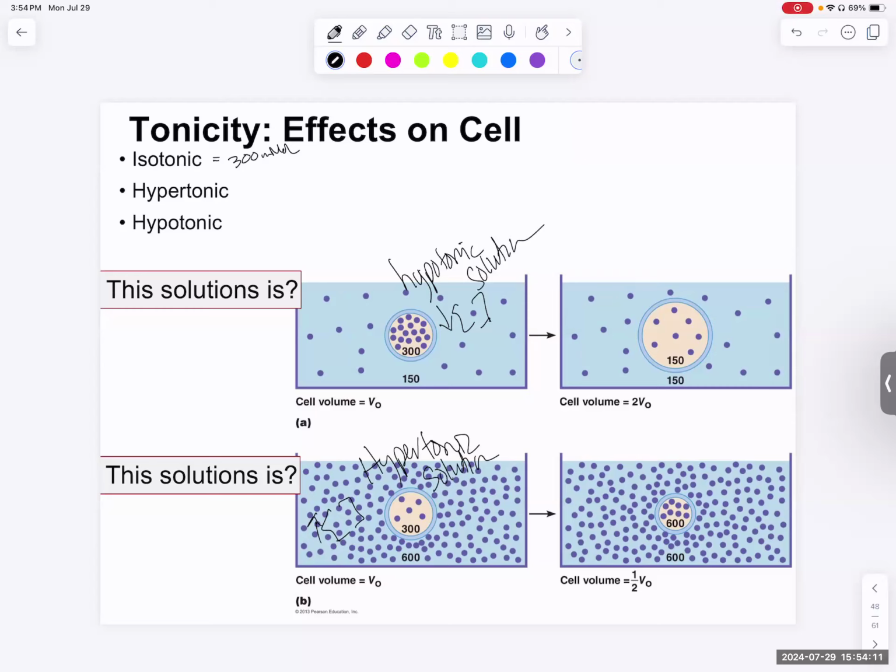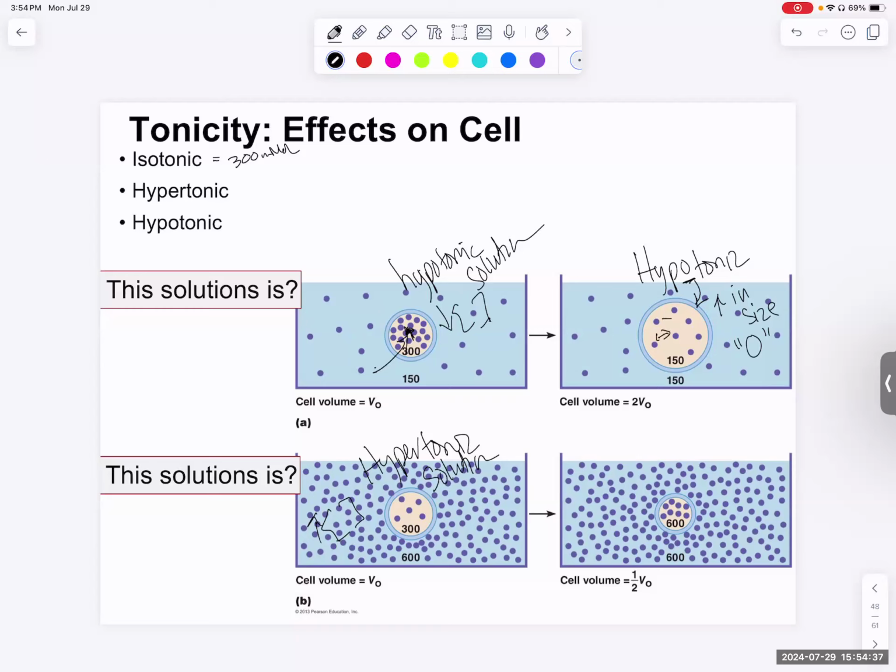And I guess the way you could think about it is hypotonic makes the cell increase in size to become an O. So fluid is going to move into the cell because it's a higher concentration inside the cell, and that fluid's going to move into the cell to separate the molecules, right?